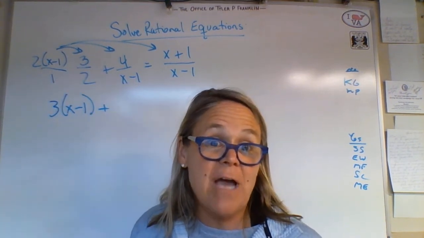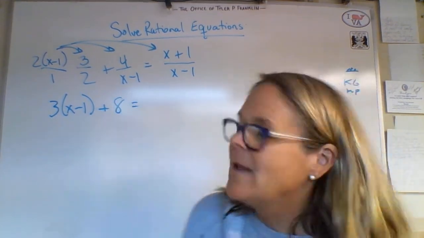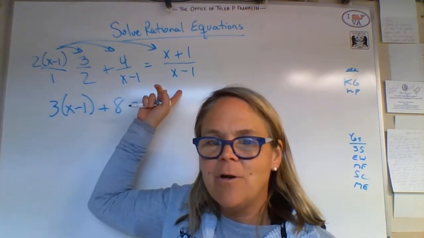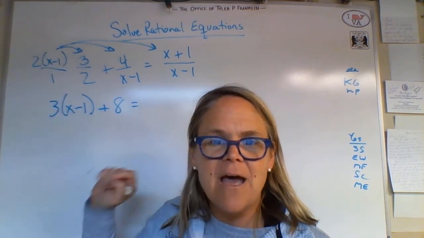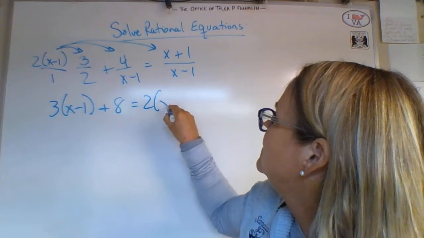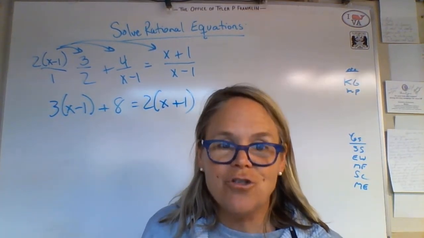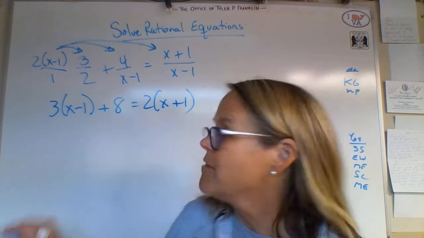I have 2 times 4, which would be 8. Third one, x minus 1 on the bottom, x minus 1 on the top. So I have 2 x plus 1. Now you're solving, so do the math.